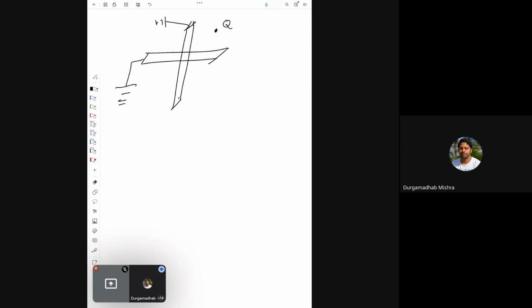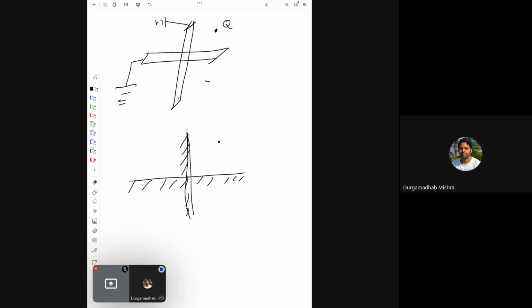I have a charge plus q here, and you are asked to find the potential due to this configuration. So again, you use the method of images. This infinite sheet you replace by two perpendicular mirrors. So this is one mirror, this is another mirror.